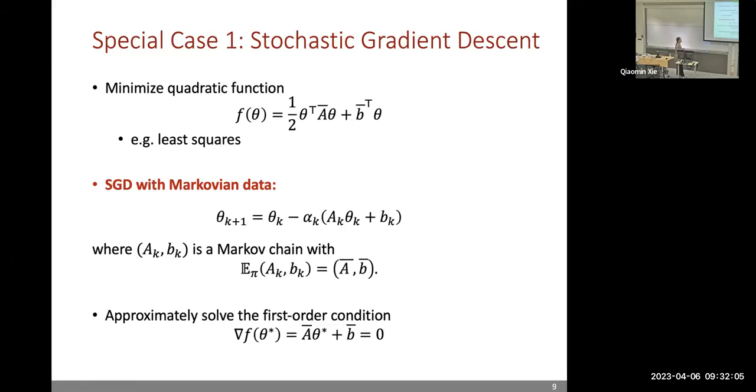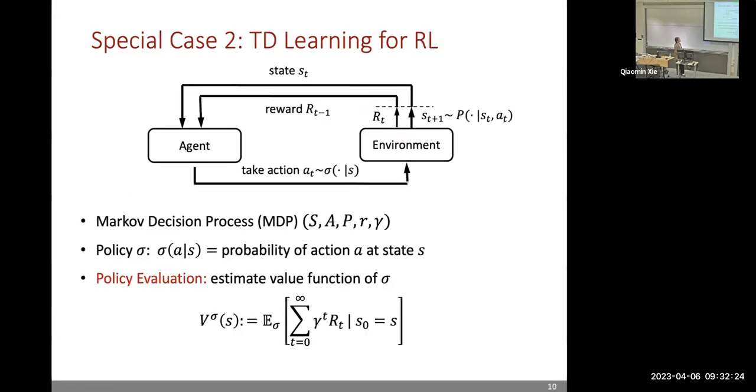Again, A_k and B_k are noisy observations, and the expectation corresponds to the true parameter in your objective function. So approximately, it tries to solve the first-order condition for optimality.